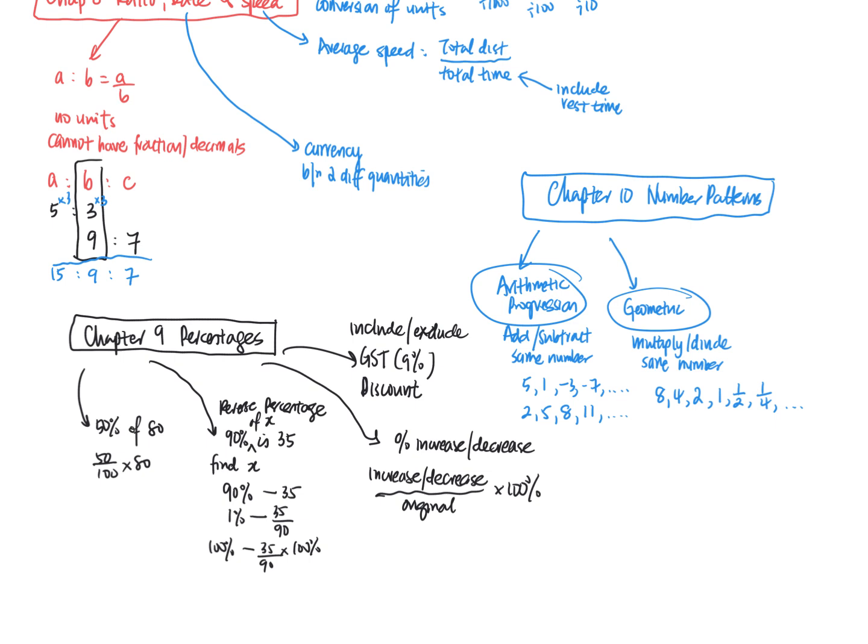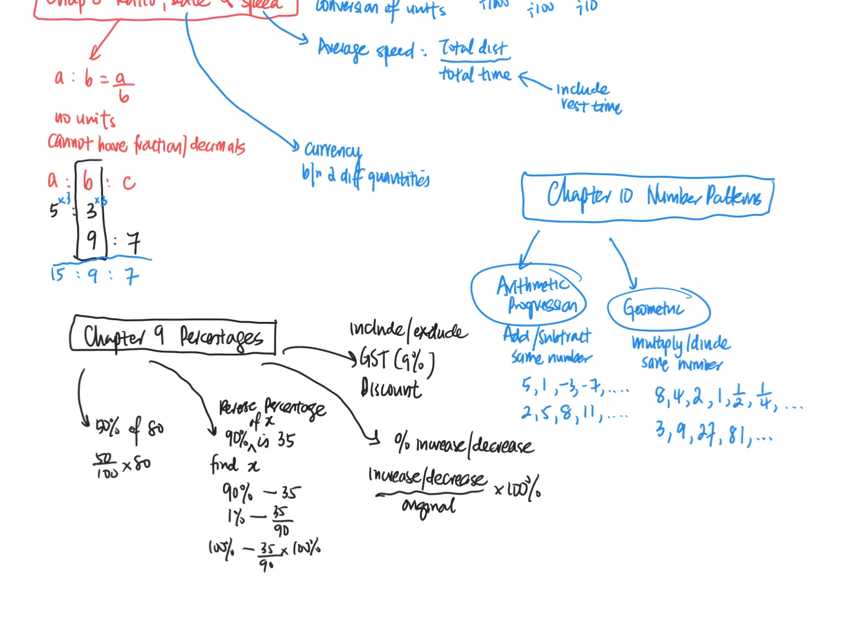Okay, or you can have, let's say 3, then become 9, 27, then 81. Times 3. So it's either always dividing by the same number or multiply by the same number.